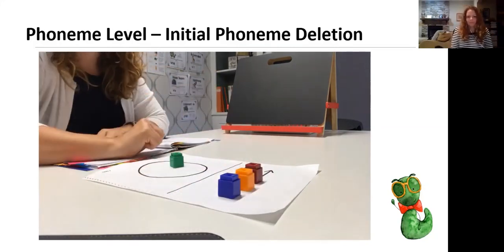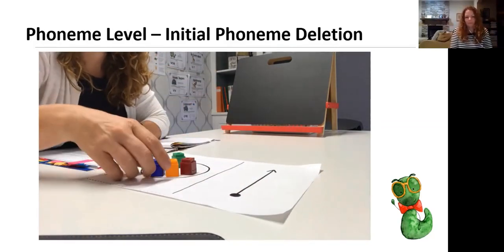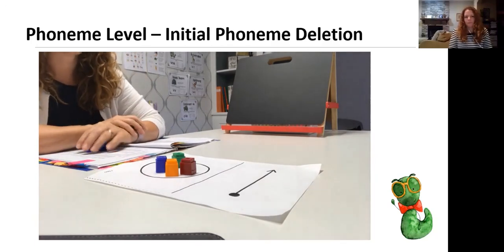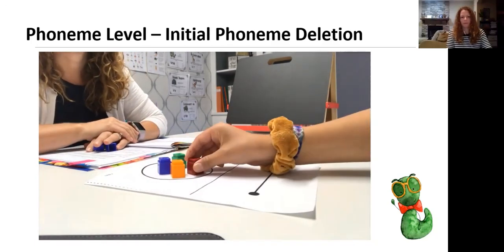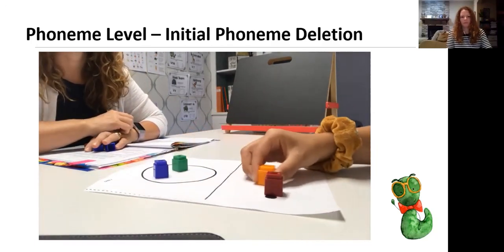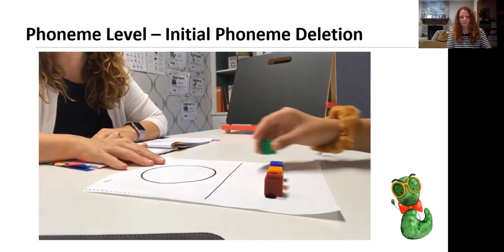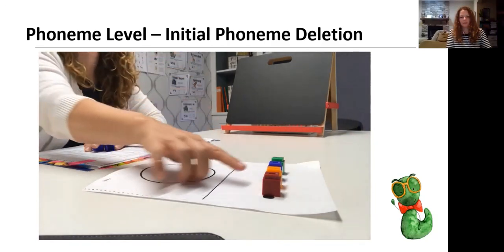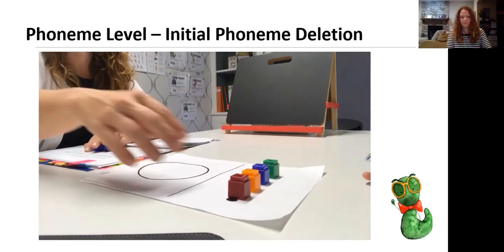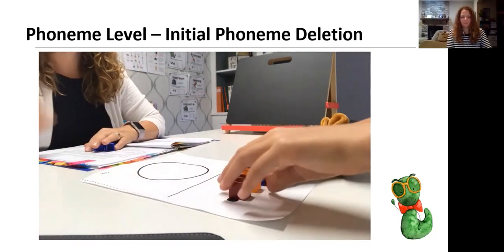Okay? Now it's your turn. Show me the word Fred. D. Now blend it. Fred. Good job. You can go ahead and put the cubes back in the circle.